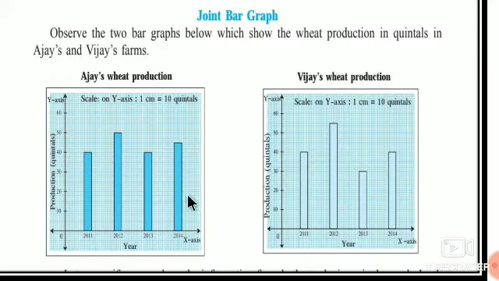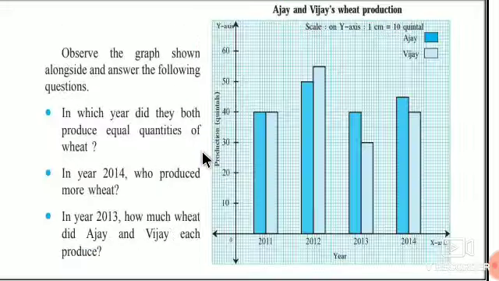Now, here two graphs are shown. Observe the two graphs below which show the wheat production in quintals in Ajay's and Vijay's farm. This is about Ajay's wheat production and this is about Vijay's wheat production. Single bars are shown here. If we have to show this information on only one graph, it is also possible with the help of a joint bar graph.